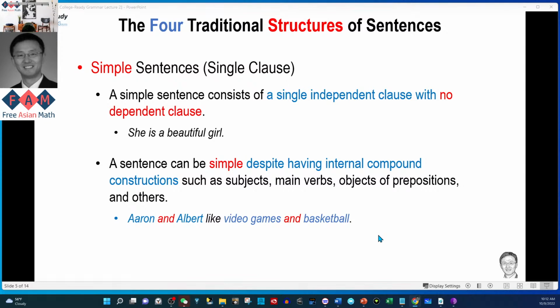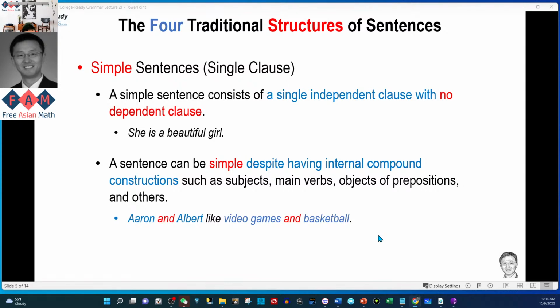So Aaron and Albert, they're two persons connected by this and. This is a so-called compound structure. A compound structure logically still is one unit. So therefore, the subject in this sentence is just Aaron and Albert.